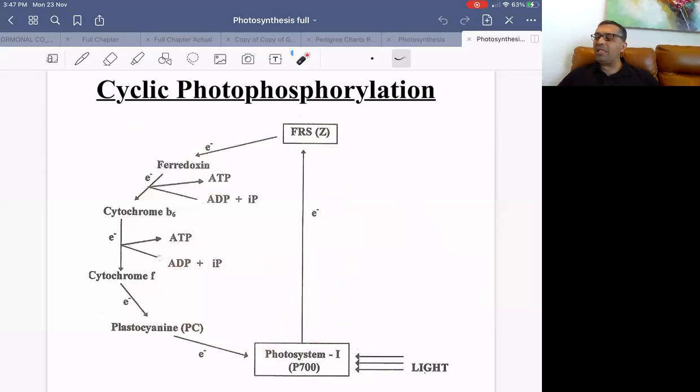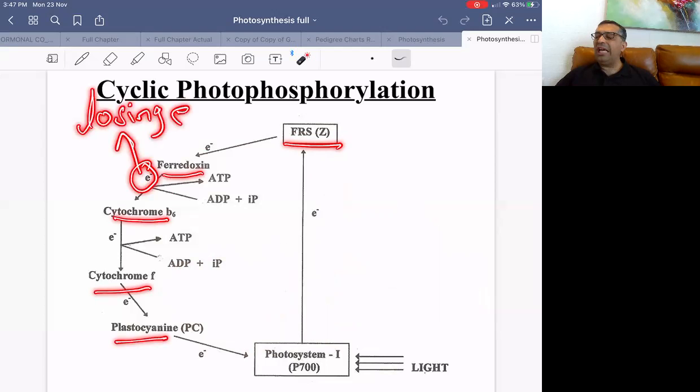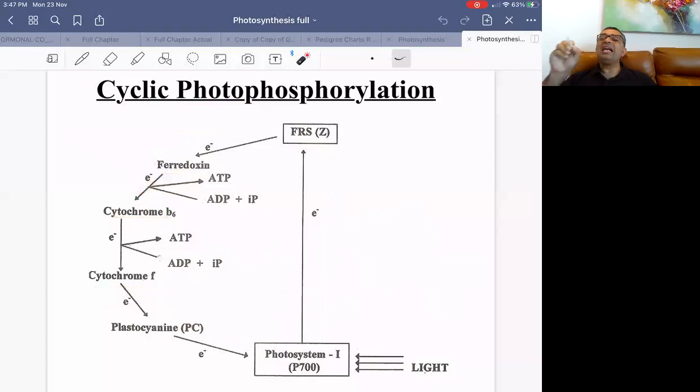So while passing from one electron acceptor to the other, the electron keeps on losing energy, and that energy gets trapped between ADP and IP to form a molecule of ATP. Let's see कहां ATP बनता है.